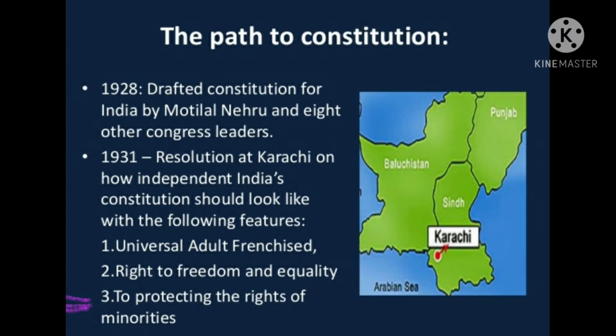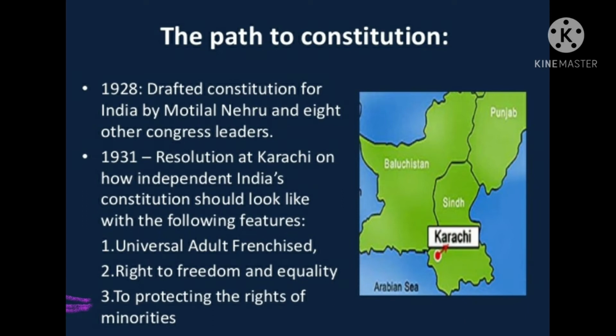One of the major advantages for the makers of the Indian Constitution was that consensus about what a democratic India should look like had already evolved during the freedom struggle. In 1928, Motilal Nehru and 8 other Congress leaders drafted a constitution for India.